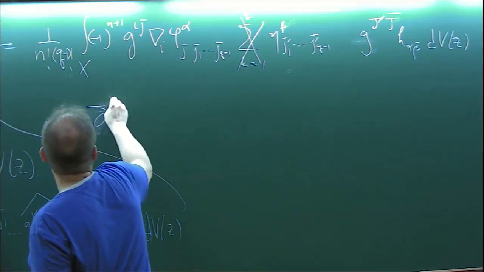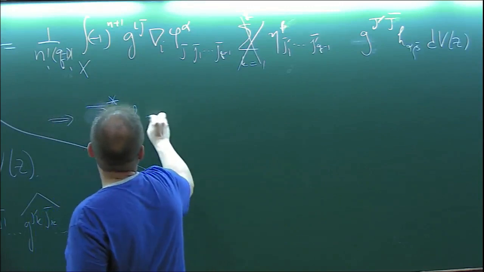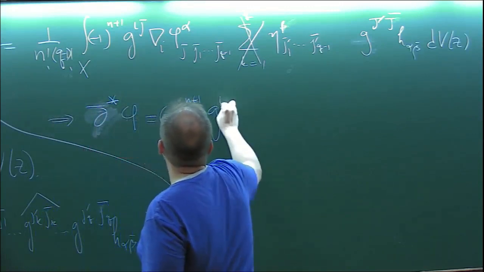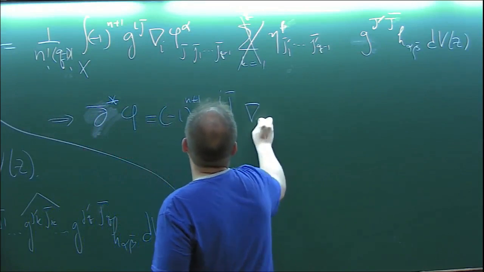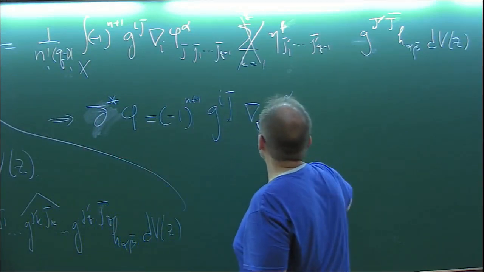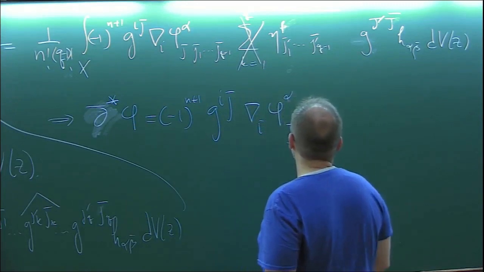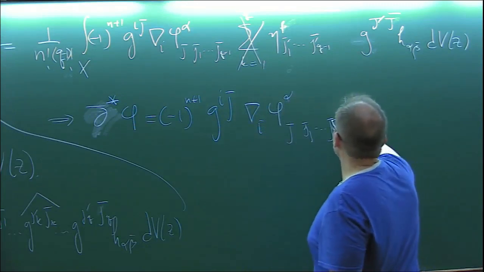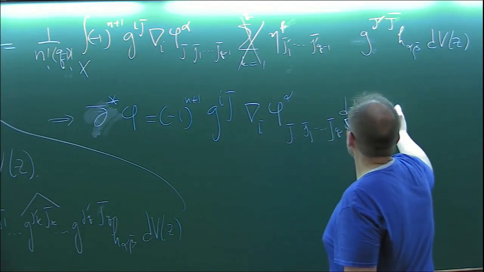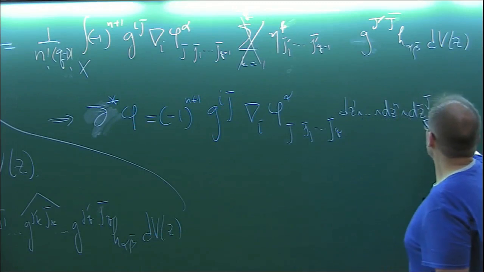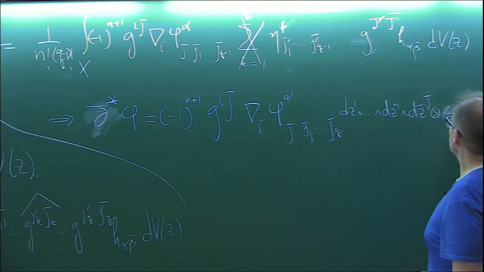d bar star of phi is -1 to the n plus 1, g I j bar, nabla I, phi alpha, j bar, j1 bar, jq bar, dz1 wedge, dzn wedge, dz bar j, tensor e alpha.